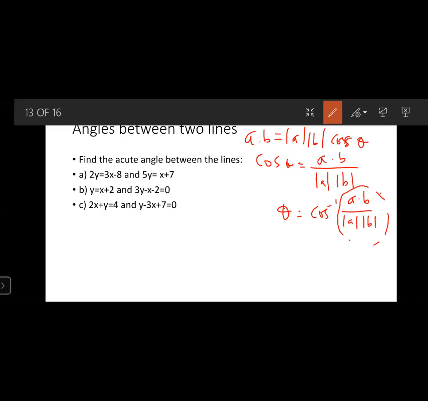So we are going to consider it based on what you have been taught in trigonometry before.